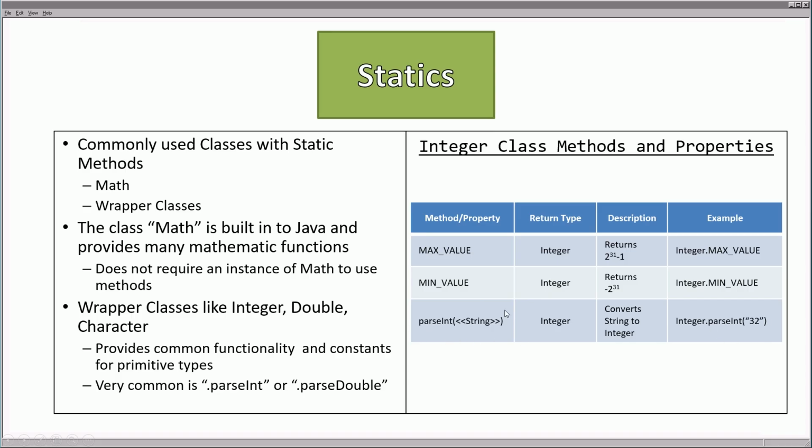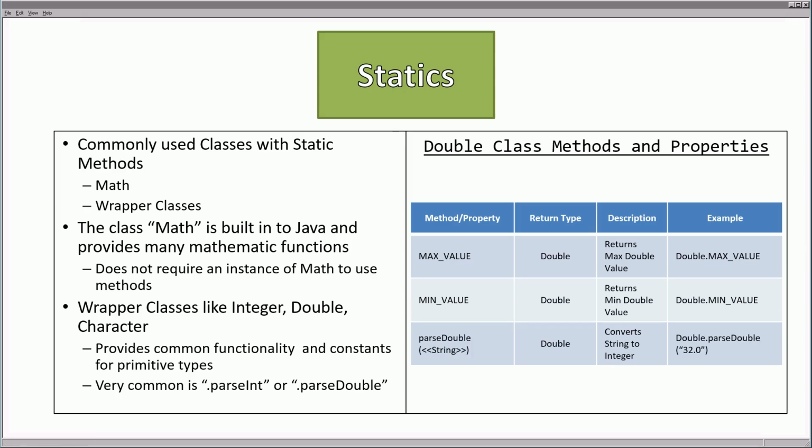This method takes in a string and then converts it into an integer. Now these two are properties that are built into the Integer class that provide the maximum integer value and the minimum integer value. And in fact, both of these are static. As you can see, they're called directly from the class itself.